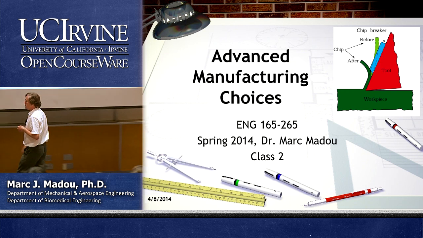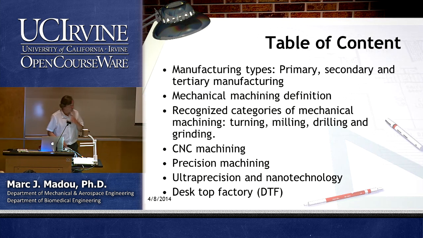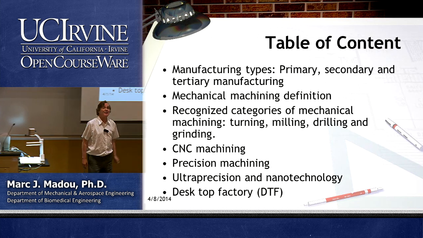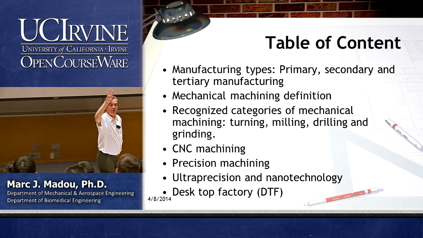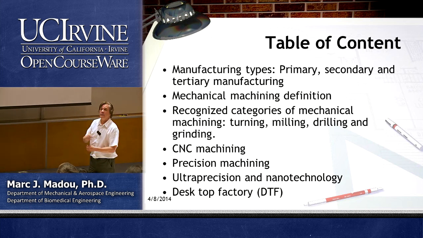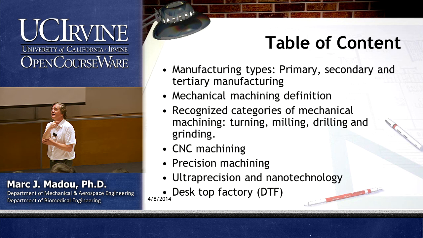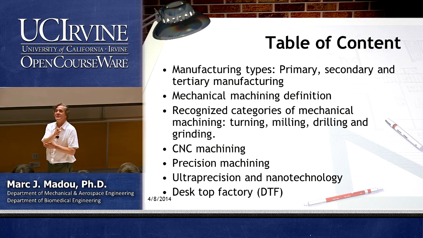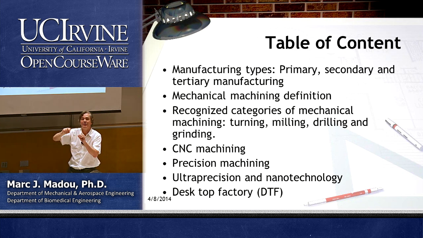The things we will cover in this class are as follows. We start off with yet another way to categorize manufacturing. Number 4. In this case, we're going to talk about primary manufacturing, secondary, and tertiary manufacturing. And thinking back about that last graph of class 1, you can see that primary, secondary, and tertiary will also relate to the cost of the object.